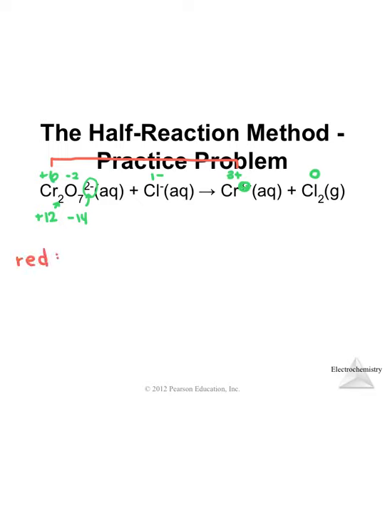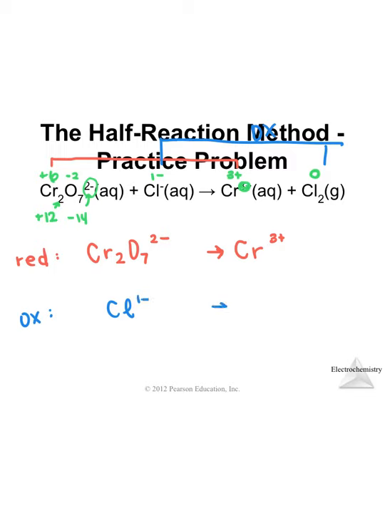So my reduction equation is going to be my Cr2O7 2- and my Cr3+, leaving a little room there. And then my oxidation is going to be my chlorine -1 to 0, so my oxidation is going to be my Cl1- and my Cl2.